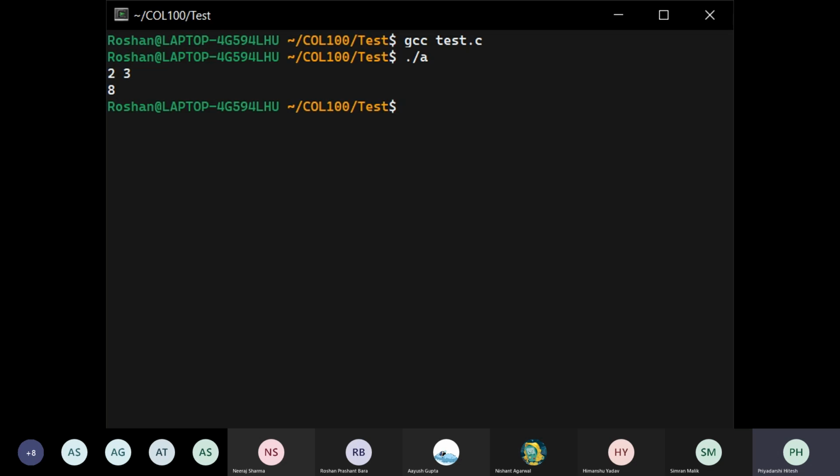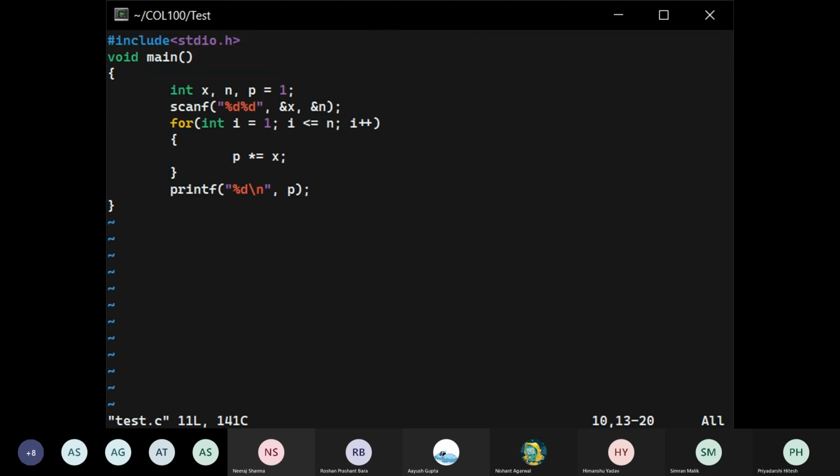Show me your program only. Yeah, it is correct. You can unshare it.